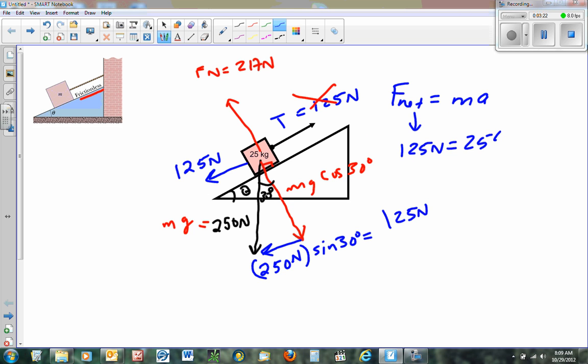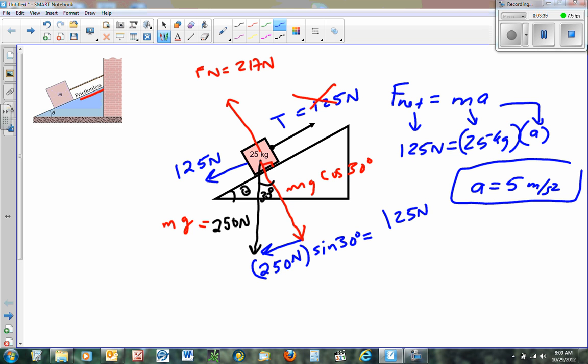Equals 25 kilograms times my unknown a. And so it's just going to be 125 divided by 25, which is going to give me 5. So the second part of that is a equals 5 meters per second squared. And there you go.